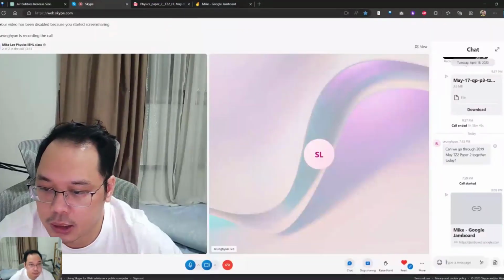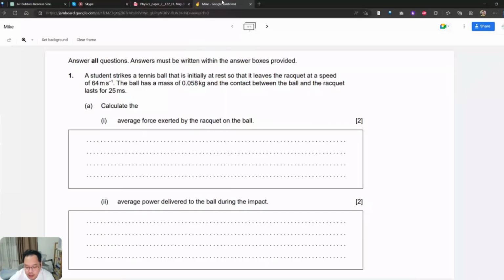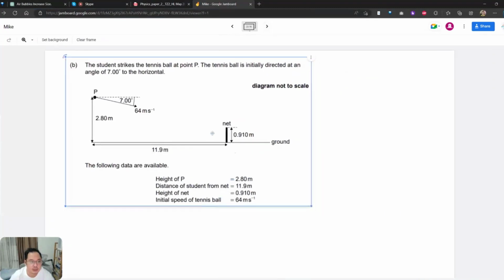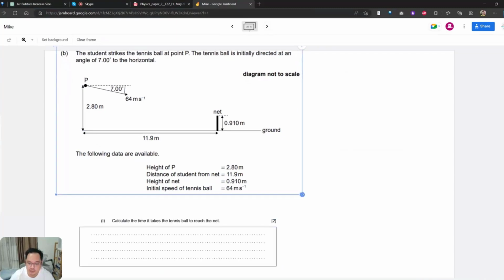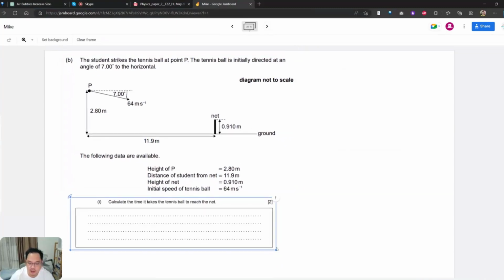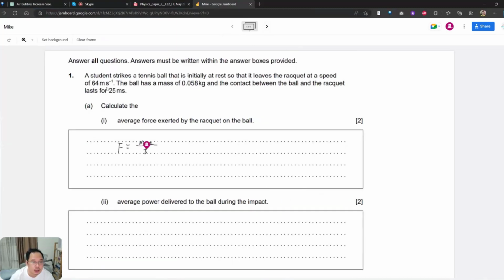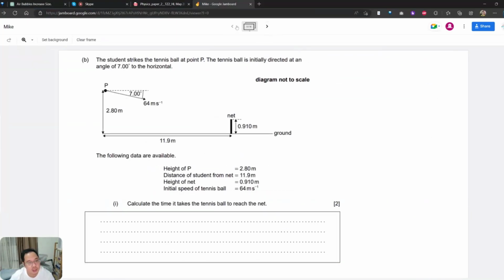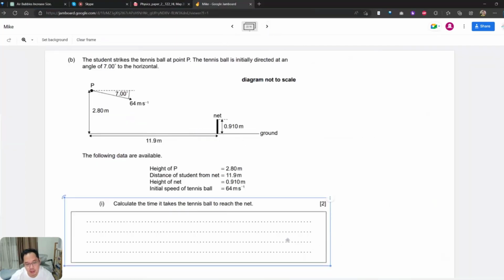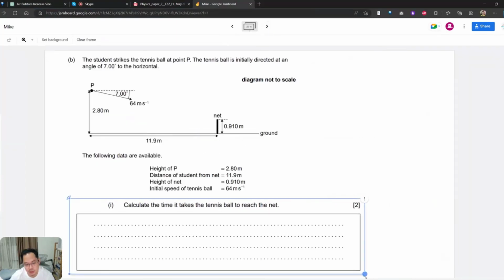Force is mass multiplied with acceleration, and then you need to calculate acceleration, which is final velocity subtract initial velocity, and then divide by time. The initial velocity is 0. The final velocity is 64. And then divide by the time. You need to convert the time from millisecond to second. Multiply with 10 to the power negative 3.